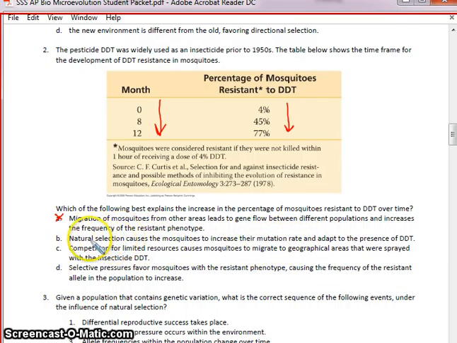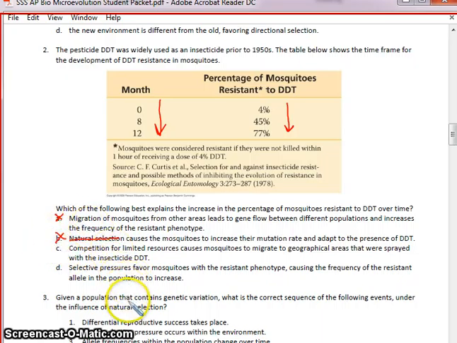What we have to remember is it's really not the environment that's causing this. The mutations that happen in the original population happen by chance, and the ones that happen to survive by chance are going to reproduce by chance too.